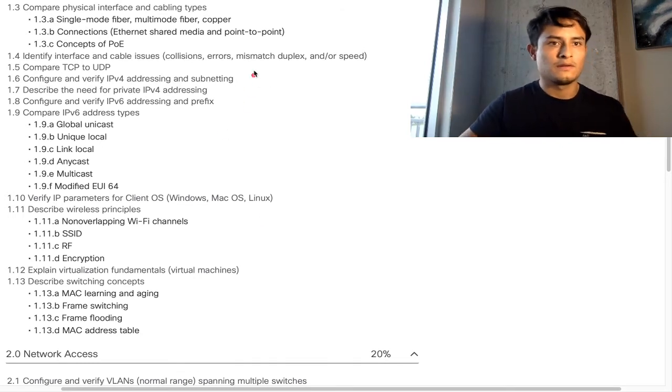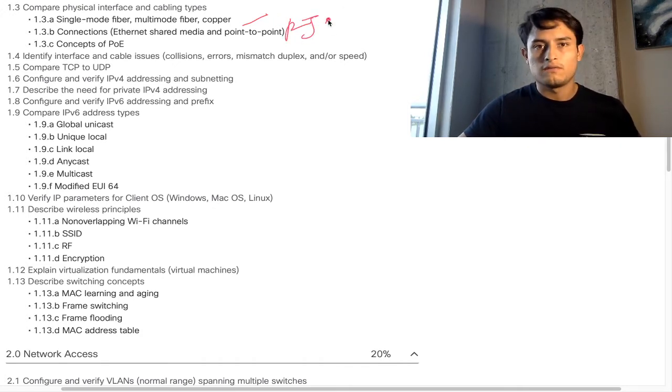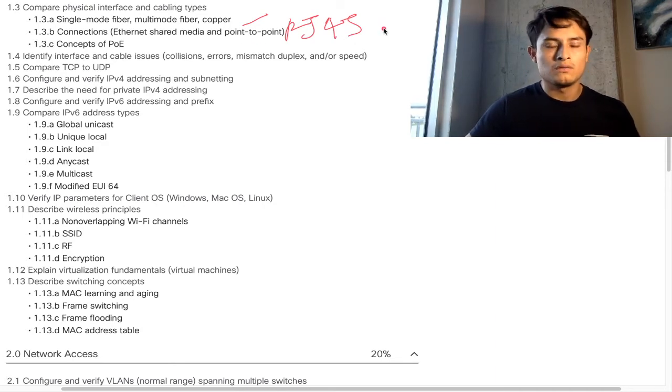Okay, perfect. So, physical interface and cabling types. Single mode, yes, you need to know the type of connectors that you're gonna have for these cables, right? The RJ45. You just need to know the speeds too. Then connections to Ethernet, shared media, and point to point.